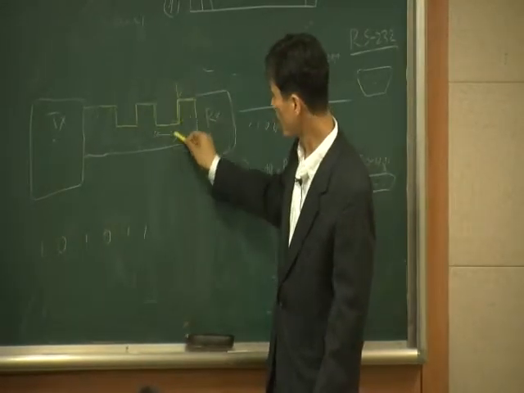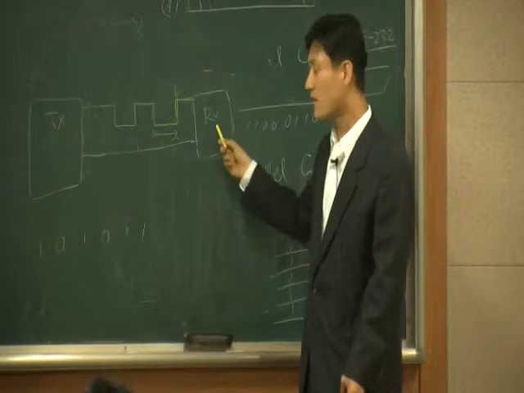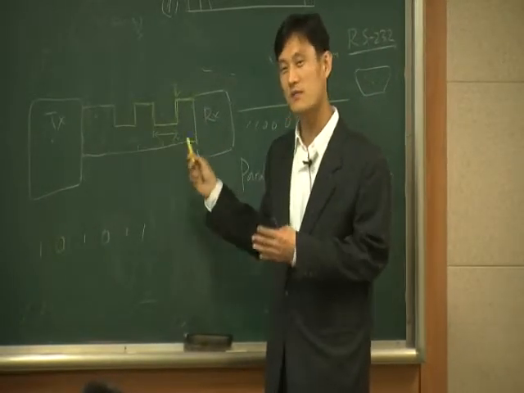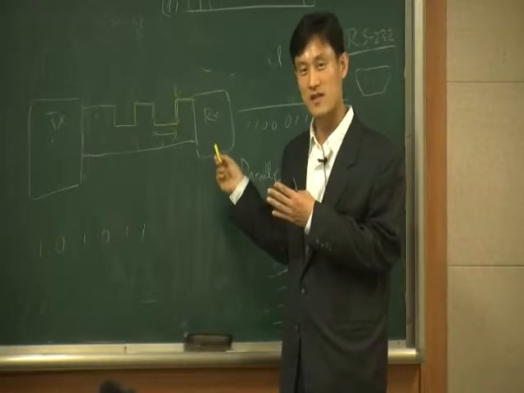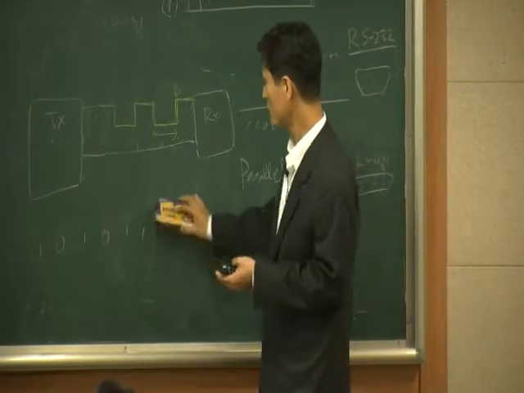So it's going up and down, up and down. So now the receiver may be able to get 1, 0, 1, 0, 1, 1. Maybe you can do it in this case. This is like a happy case, right? This is like a good case.